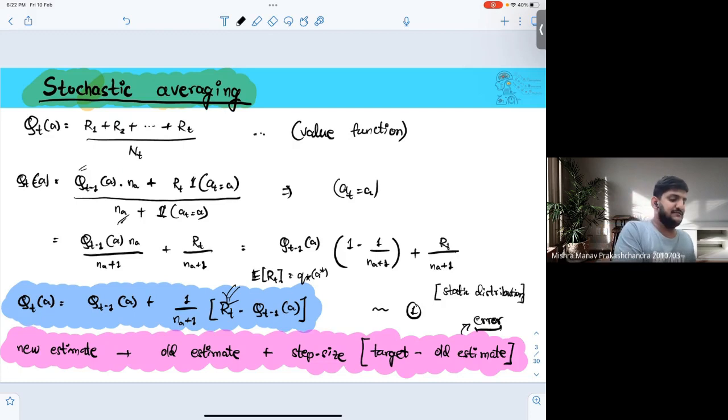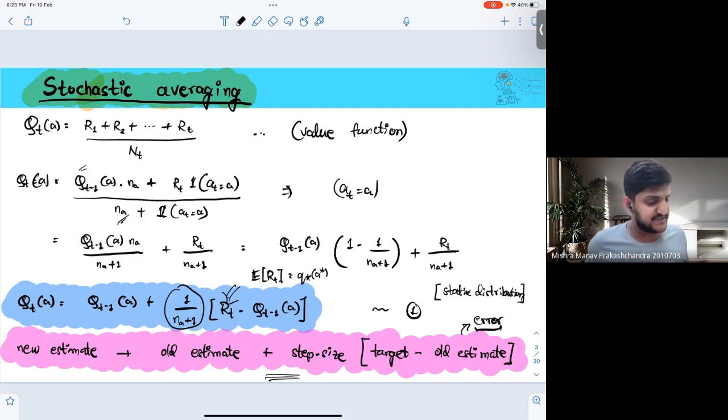This equation over here, the one that I have highlighted in pink color, holds true everywhere. The only difference when we move from a static distribution to a dynamic distribution, or a time-dependent distribution, is in the step size. So this term over here is something that changes.